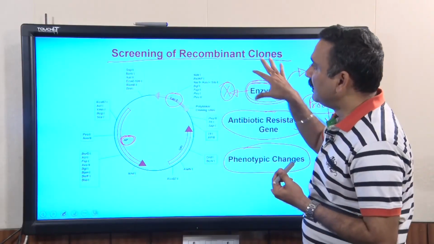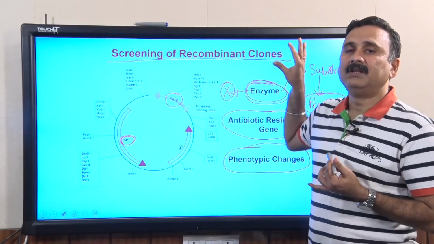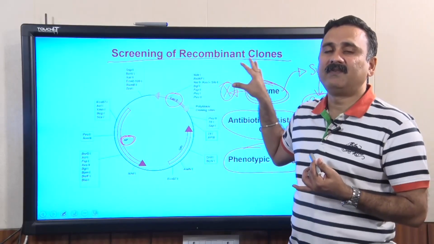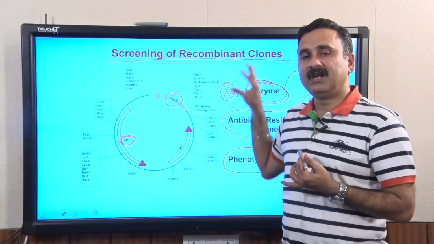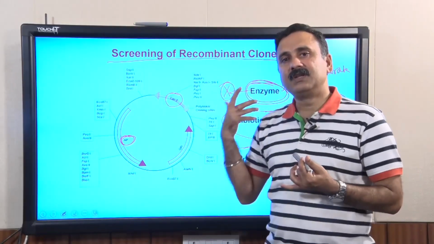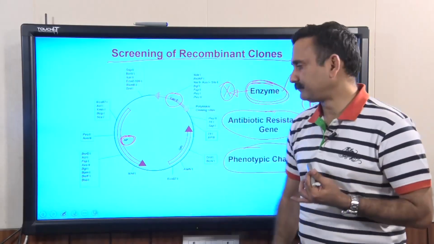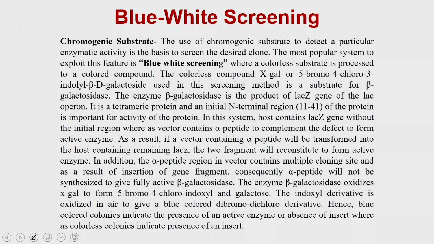So, all these strategies can be used to screen the recombinant clone after the transformation or the transfection. Once you deliver the DNA, you can use all these approaches to screen the molecules. The first approach is where you can use the chromogenic substrate of a typical enzyme.